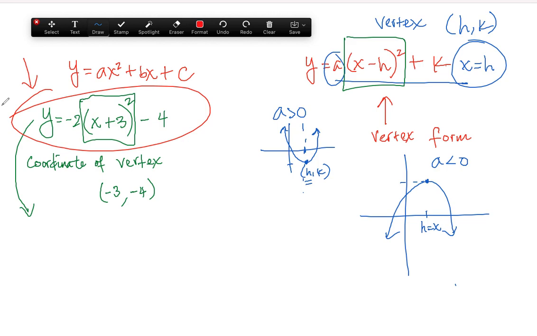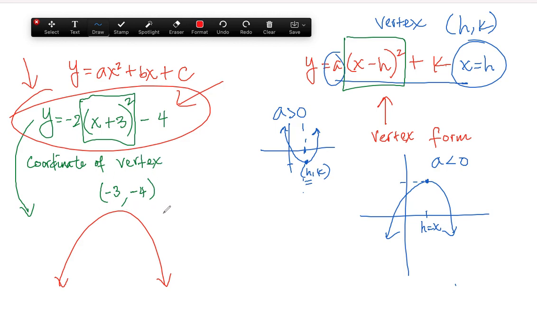Well, wouldn't it still be the lowest point almost? Does it open up or down? This guy here. Well, it opens down because a is negative. Exactly. So if it opens down, then does it have a maximum or a minimum? Oh, right. So that would be a maximum. Yeah, exactly. It has a max.